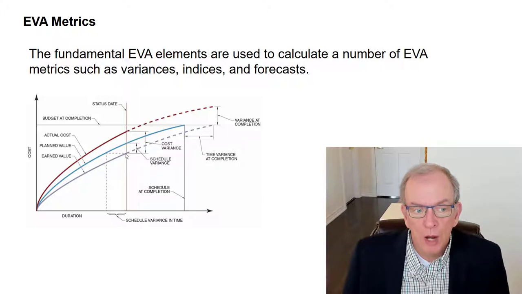Maybe where we actually are, we were supposed to be back here. So we haven't done as much, but we haven't spent as much either. We have to look at it from that perspective. Or conversely, maybe we have spent a lot more to get to where we are. So not only are we behind schedule, but we're actually over cost in that case.